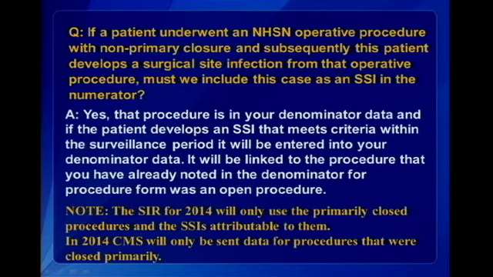If the patient develops an SSI that meets criteria within the surveillance period, it will be entered into your, I said denominator again, numerator, correction, that should say numerator data, and it will be linked to that procedure that is already sitting there in your denominator data marked as an open procedure. Every procedure when it goes over is going to have a field that says, was this a primary closure or an other than primary? So it is linked to a known open procedure.